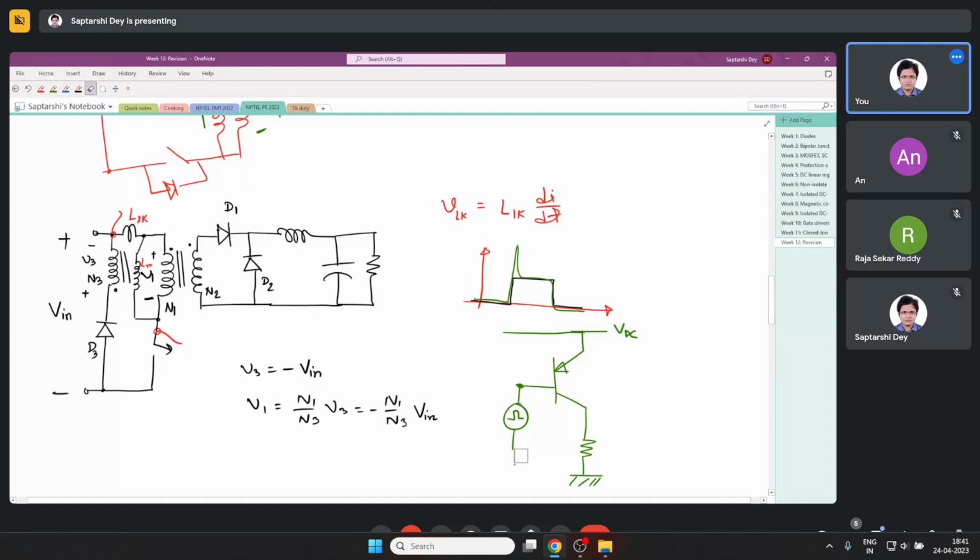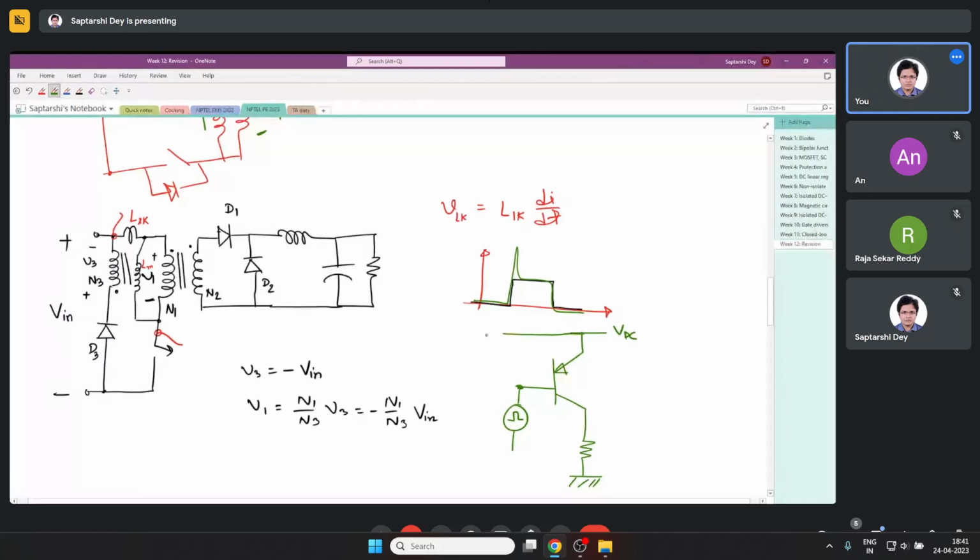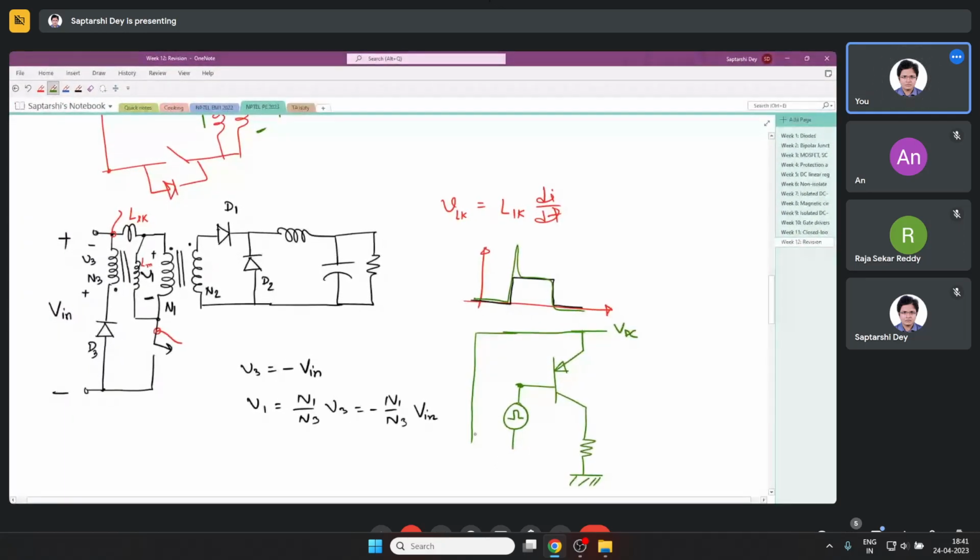This has to be with respect to this. When this pulse is high, the switch Q is considered open, and when this pulse is low, the switch Q is considered closed. That's all you need to know.